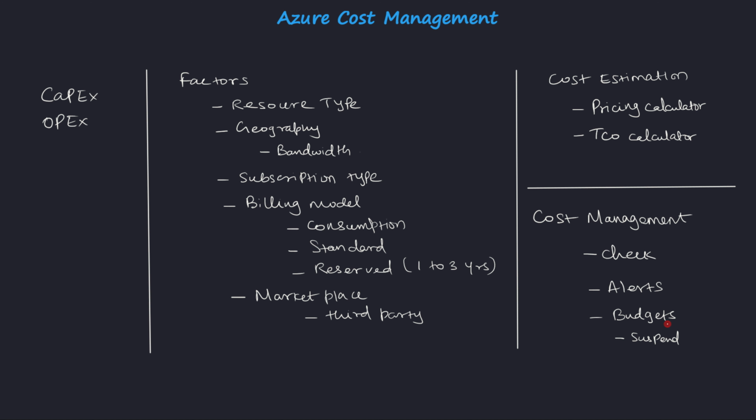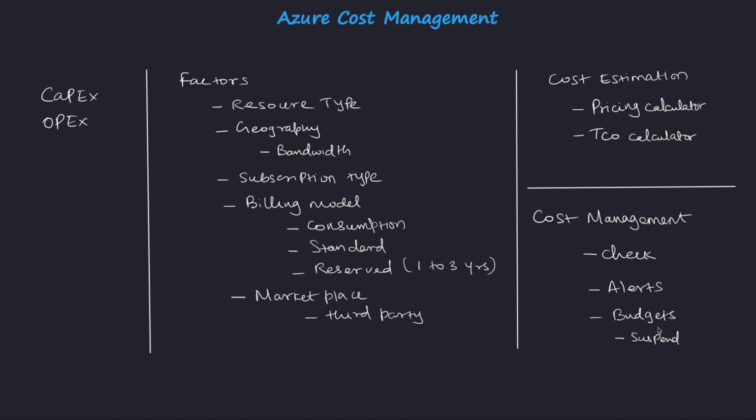And in there, you can also create something called a budget. And when you create a budget, you'll also create an alert based on that budget. So whenever the cost exceeds that budget, you'll be alerted by an email or other mechanisms. In an advanced scenario, what you could also do is use that alert to automatically suspend the services that are exceeding the budget. Okay, so that is also possible using some automated solution.